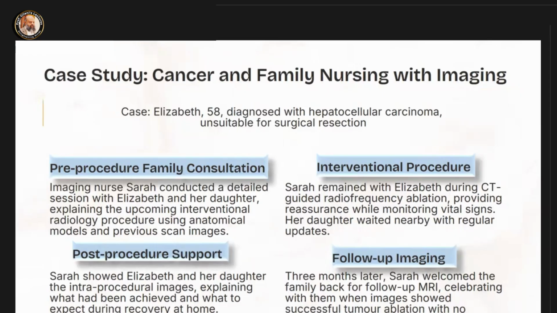The steps taken were the pre-procedure family consultation. The imaging nurse, Sarah, conducted a detailed session with Elizabeth and her daughter, explaining the upcoming interventional radiology procedure using anatomical models and previous scan images.